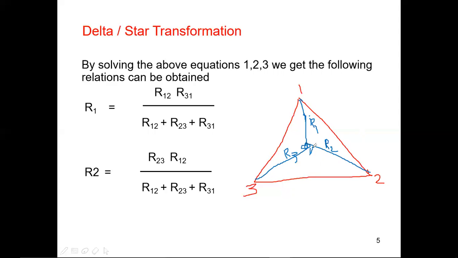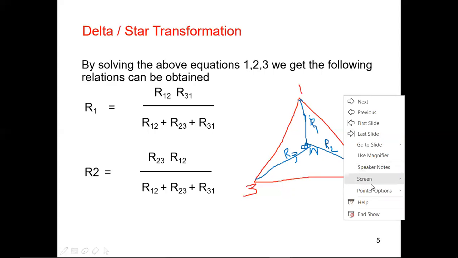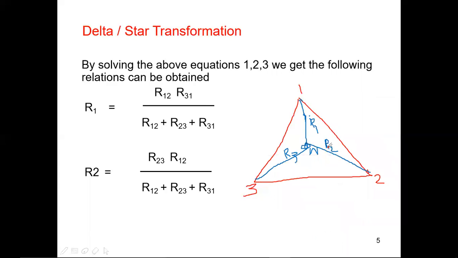What about the delta connection values? This is R12, because it is the resistance between the two nodes 1 and 2. This is R23. This is R31.